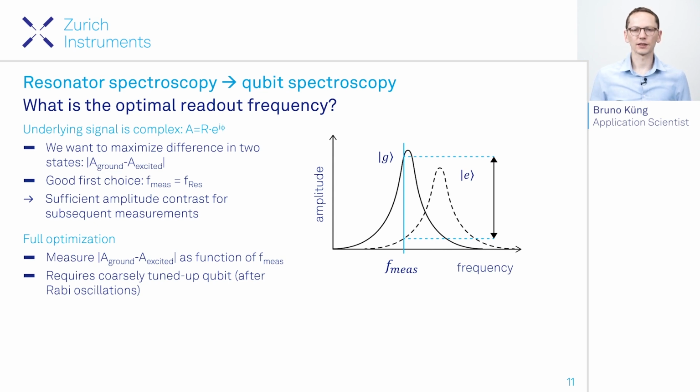Starting from resonator spectroscopy alone, we cannot fully determine what is the optimum frequency, because in that picture you see here we only have the solid trace but not yet the dashed trace.